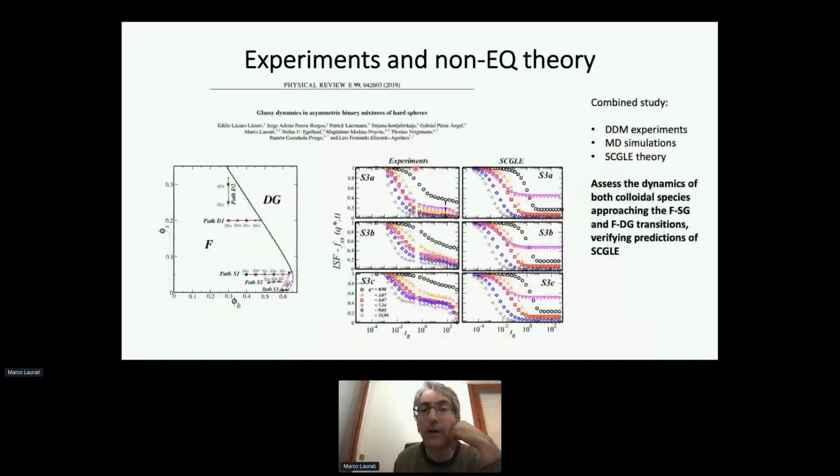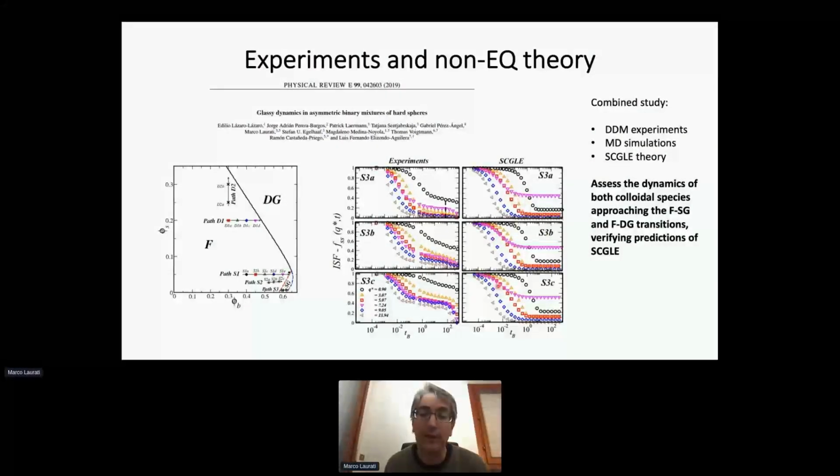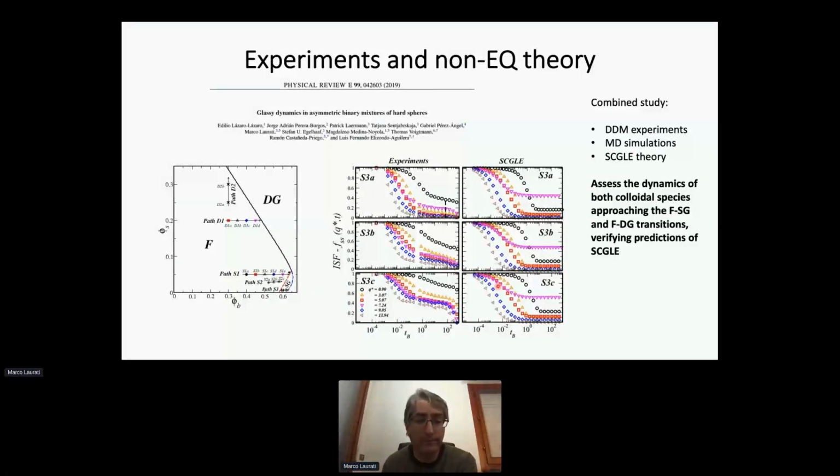And another very nice example from a recent work, I think Luis will tell more about this work, is the comparison of results obtained in experiments with DDM, with differential dynamic microscopy, and the theory, in this case, the theory developed in the group of Magdaleno.